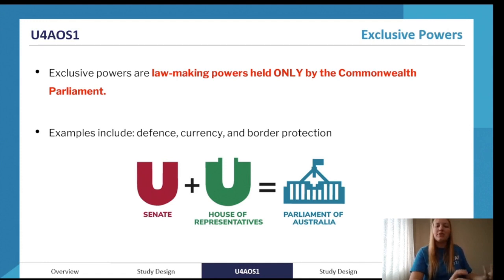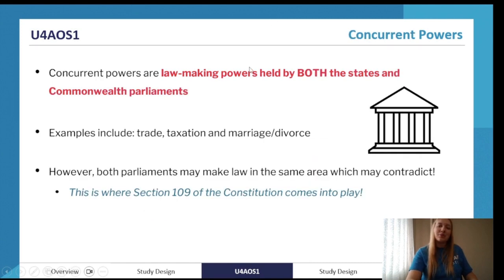Of course, the Commonwealth can legislate there and not the states themselves, because the laws for the entire country would be in disarray. There would be no uniformity across the country. And if each state had its own military, we could have things like civil wars, and that would not be very good.